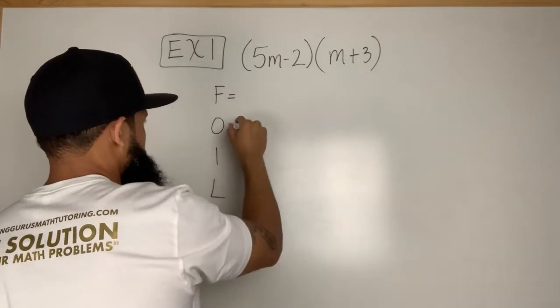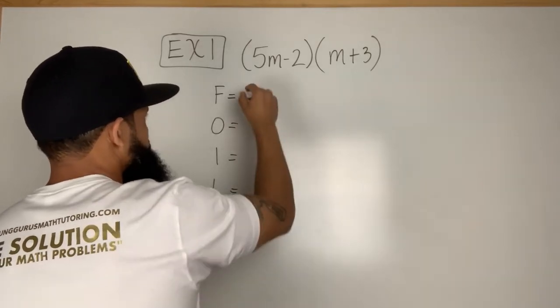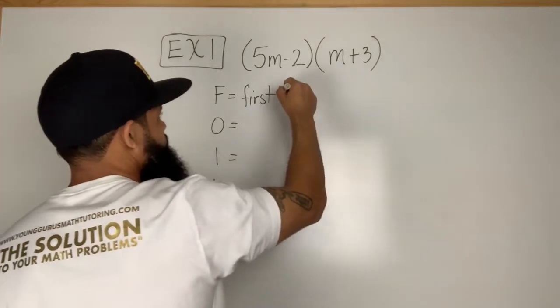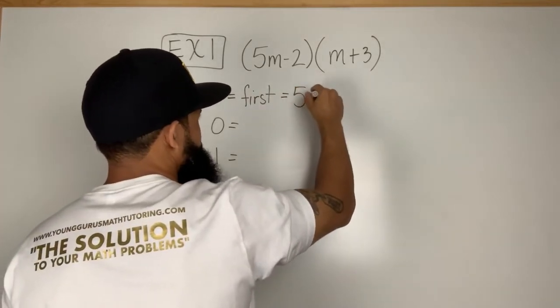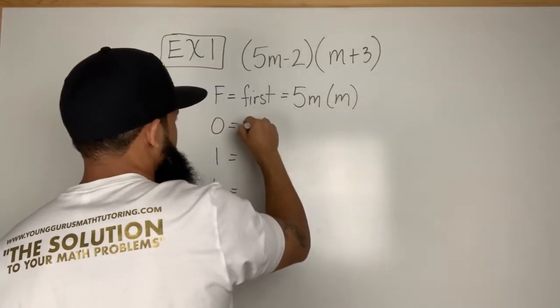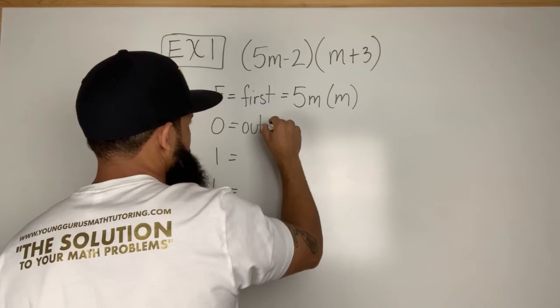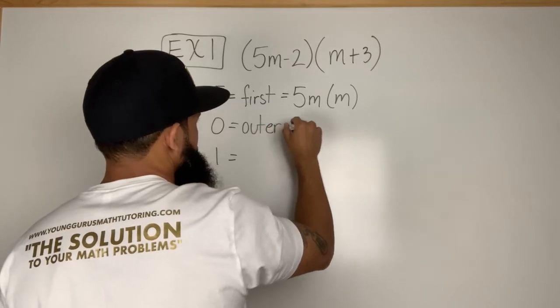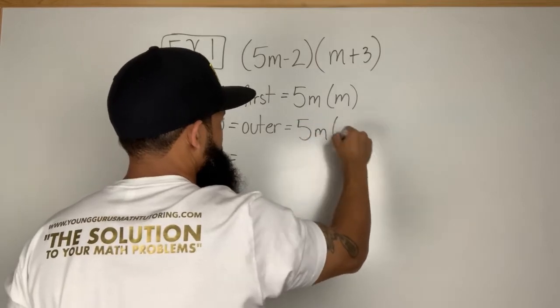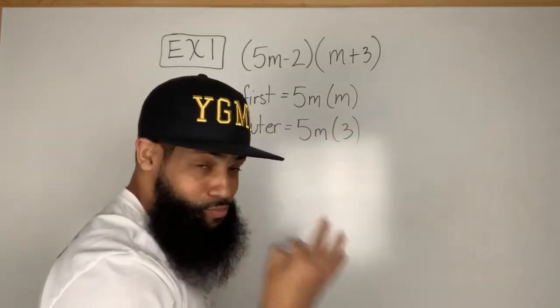FOIL stands for first, outer, inner, and last. First means I take the first term in each parenthesis, so 5m times m. Outer, I take 5m times 3.